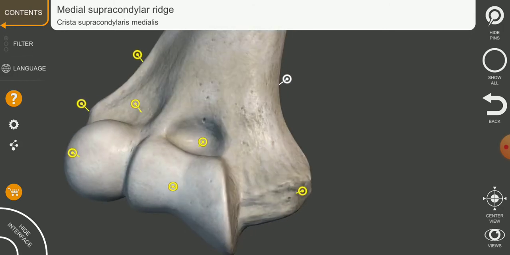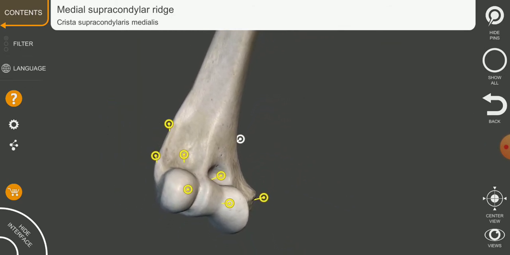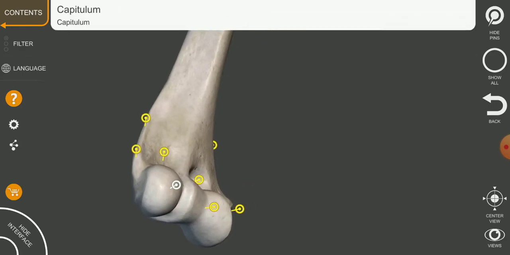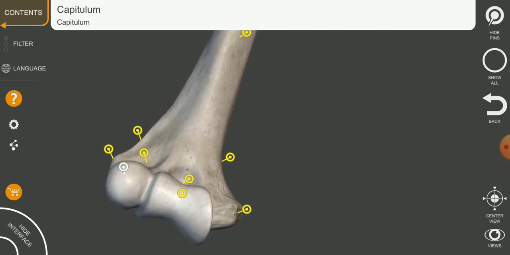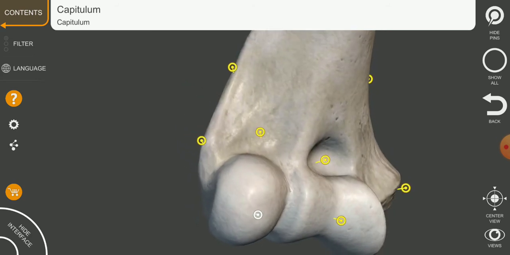Now we rotate it laterally. If we rotate to the lateral portion, then we have again an articulating surface, and this articulating surface forms a joint with the radius bone, and this is the capitulum. So we can see the small articulating area. This articulating area is the capitulum, through which the radius bone forms a joint here, and it also fits into the fossa, and this is what we call the radial fossa.